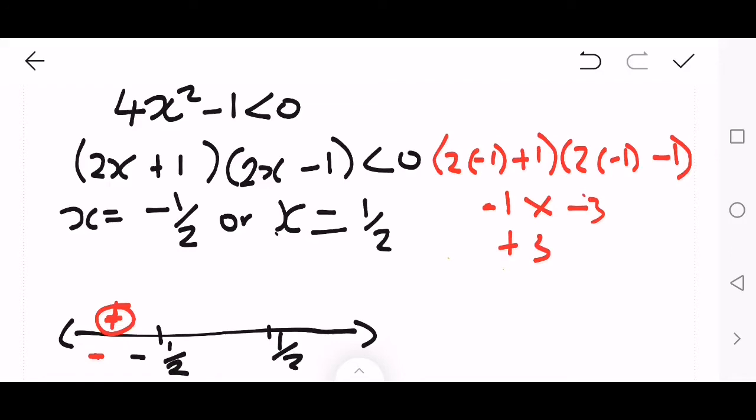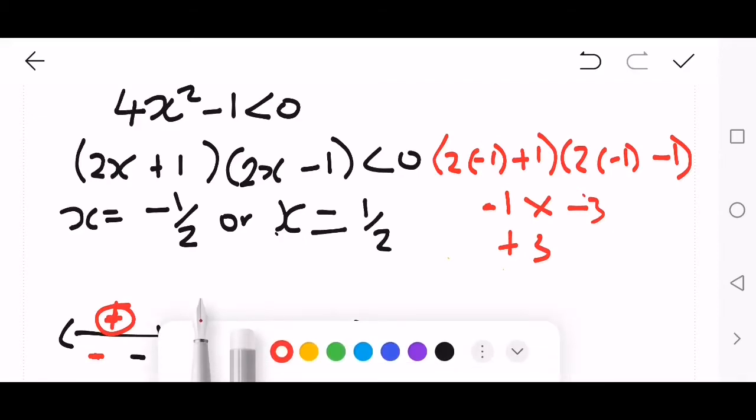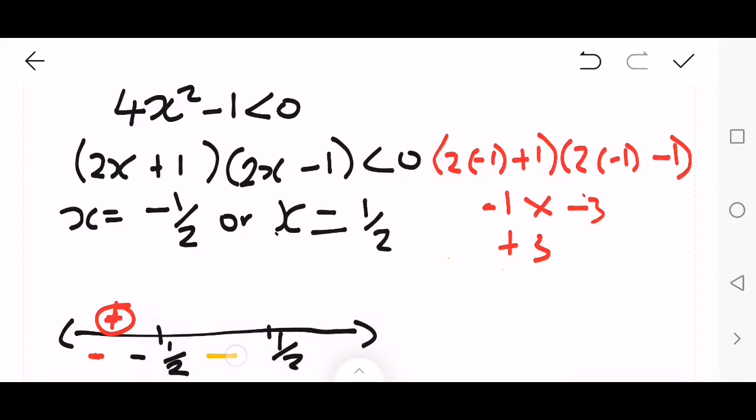And now substituting a number between minus 1 over 2 and 1 over 2, we can take a 0. So we need a number here.